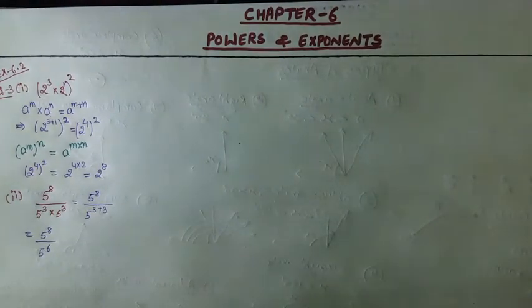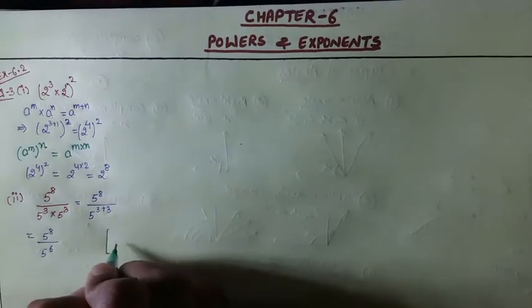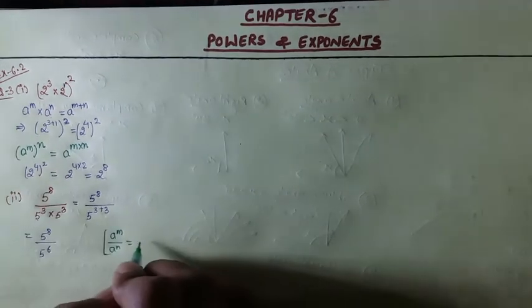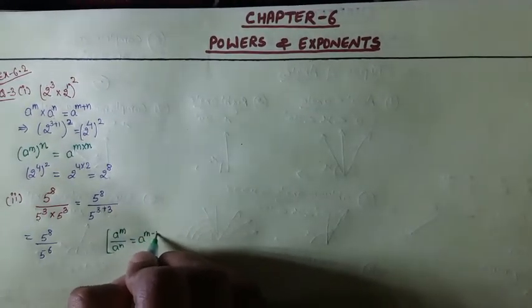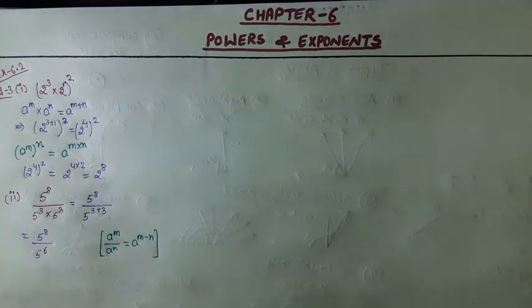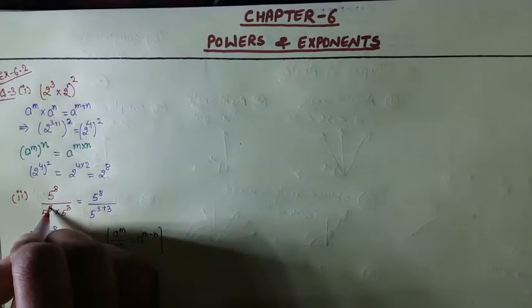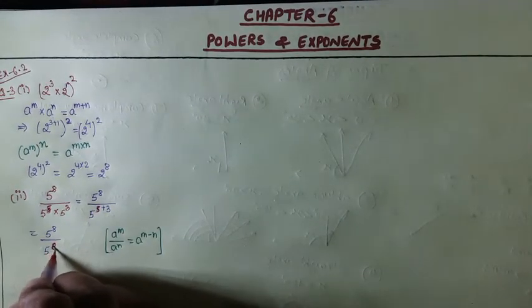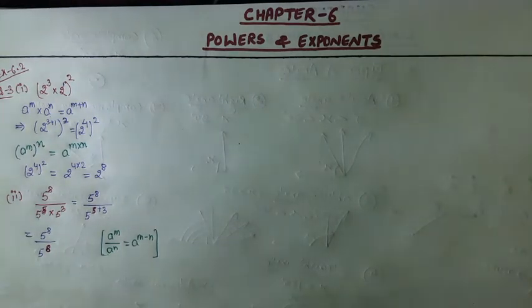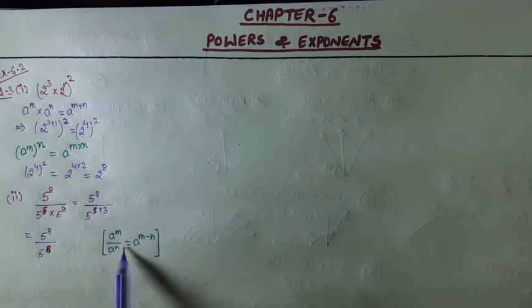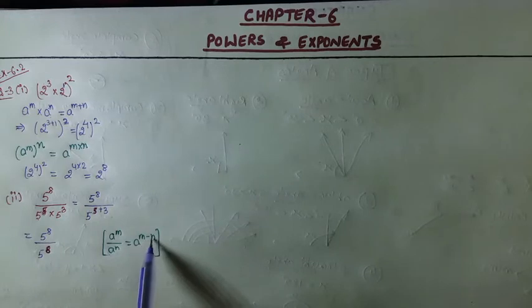Now see, this is in the form of a to the power m divided by a to the power n. Okay, I'm sorry, just make it 5, so here we will get 8. Now this is in the form of a to the power m divided by a to the power n, which is nothing but a to the power m minus n.